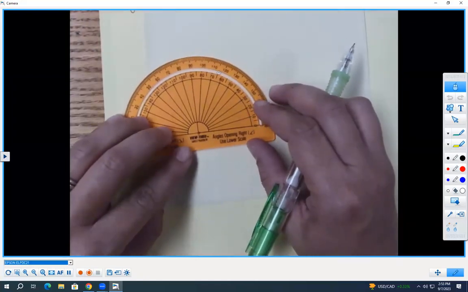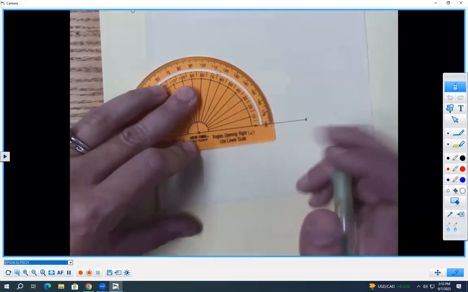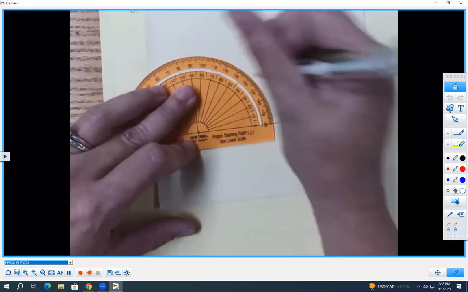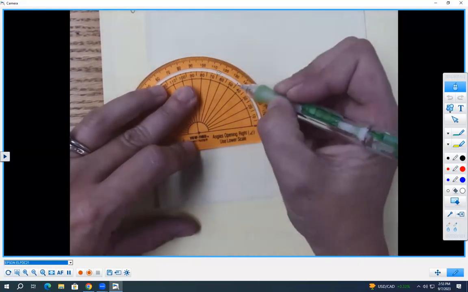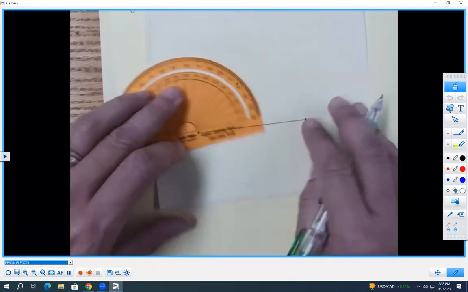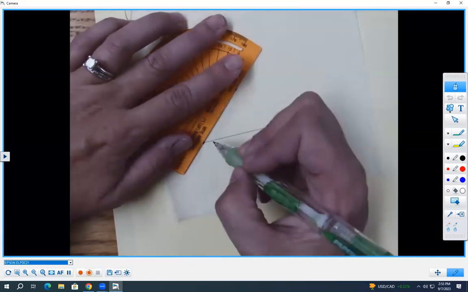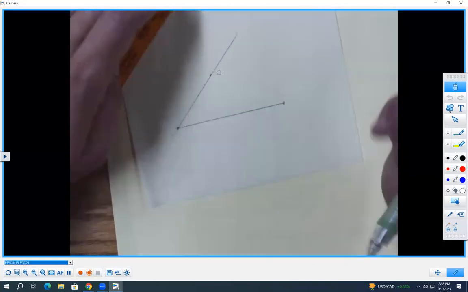Using your protractor, measure 45 degrees. You're going to put a dot there at 45 degrees. I'm going to put my dot there. And then you would draw your line. I don't really know where it's going to intersect.